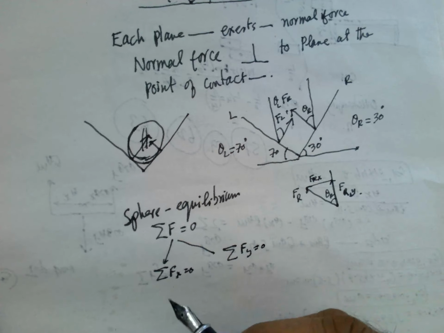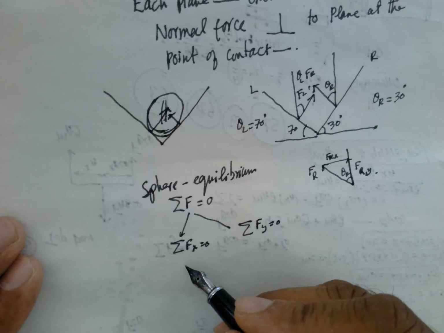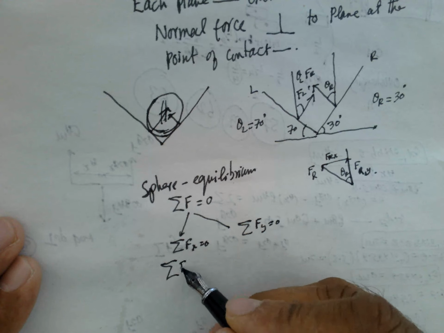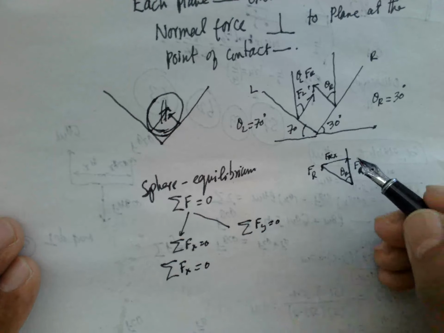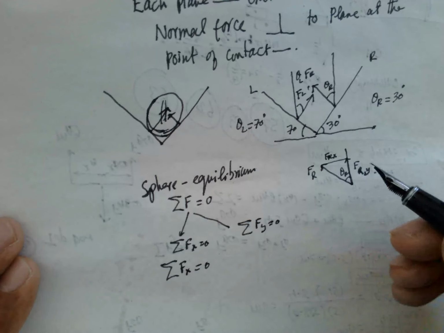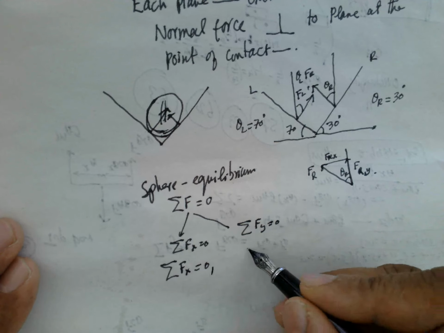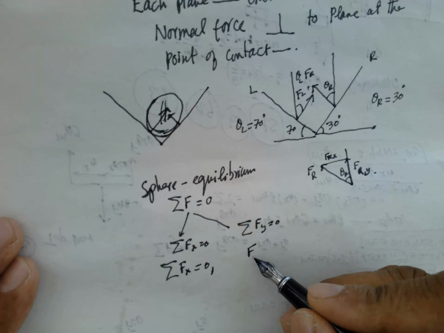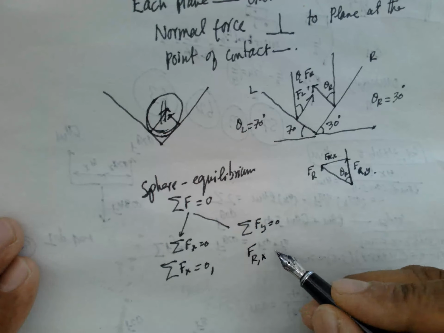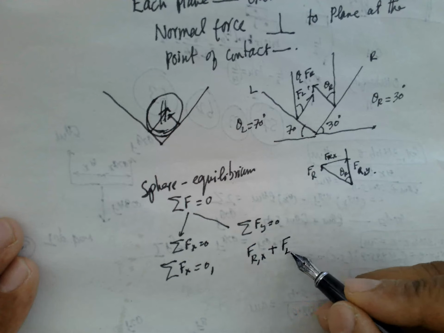If you consider Fx, the sum of the x components is equal to 0. So the x component of F_R plus the x component of F_L is equal to 0.